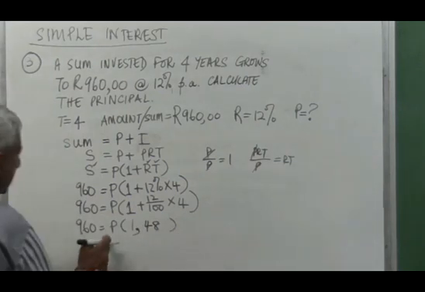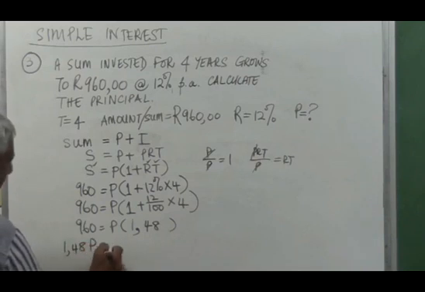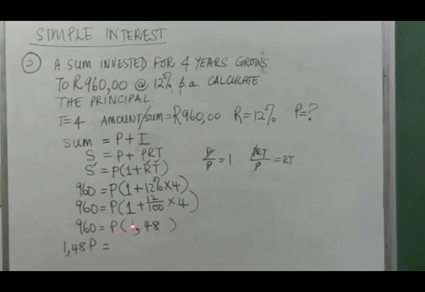The laws of equation allow me to write 1,48p. You're allowed to write the 1,48 in the front. So P into 1,48 can be written as 1,48p.